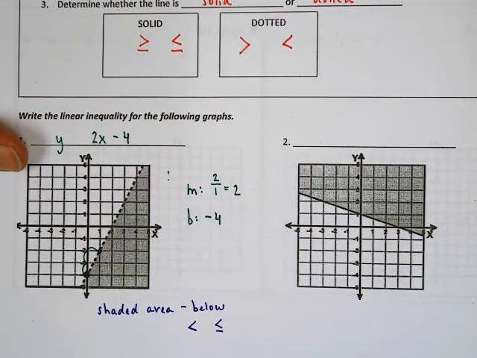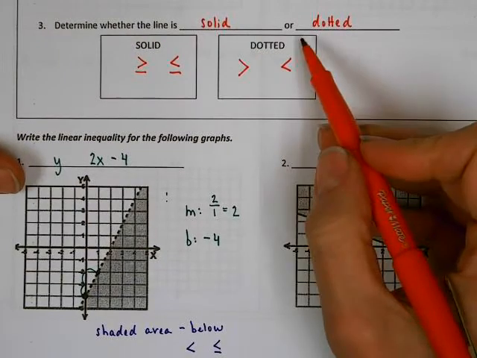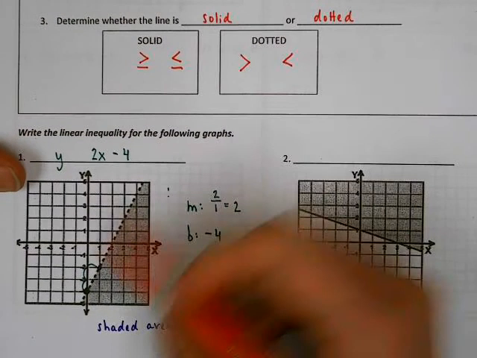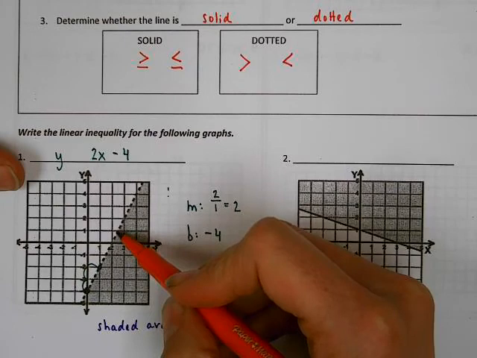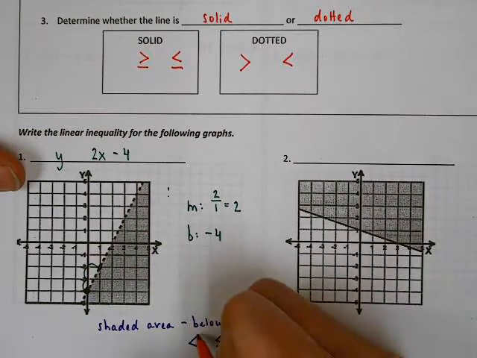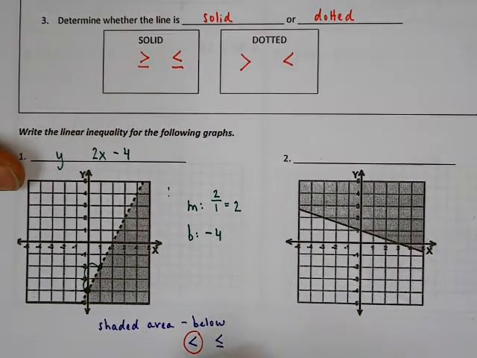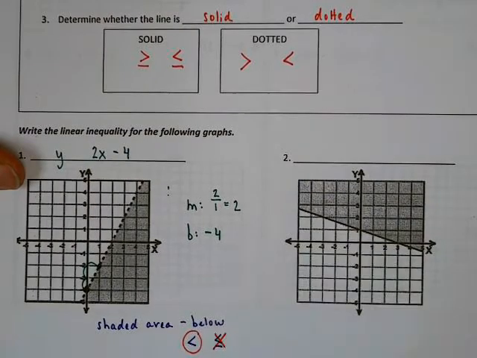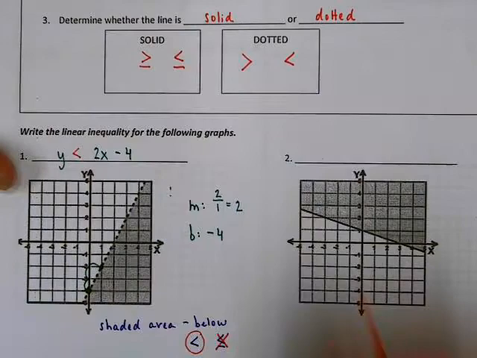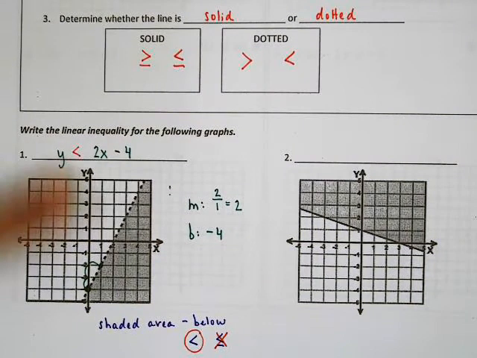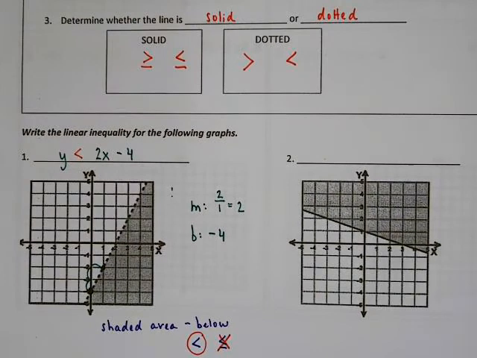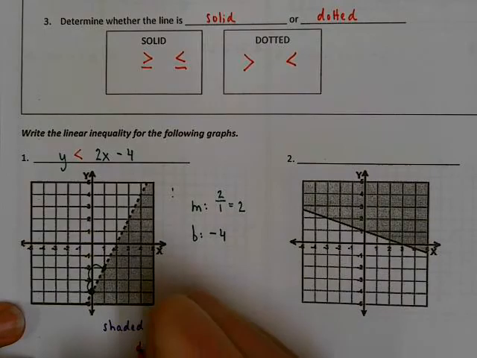So the last thing I do is I look at whether my line is solid or dotted. Since in this case it's dotted, I know I have to be strictly less than, so that's the symbol I'm going to choose. This one's out. So my inequality is going to be y is less than 2x minus 4. And I'm just going to make a note. This was because it was dotted.